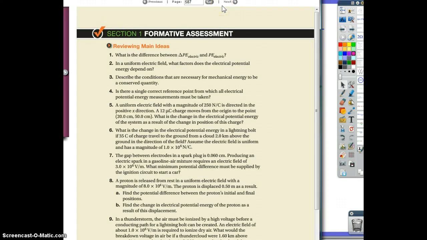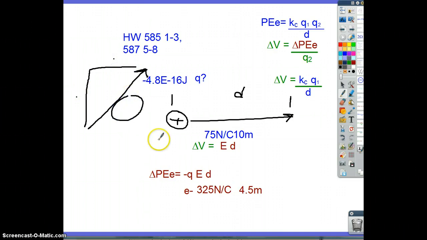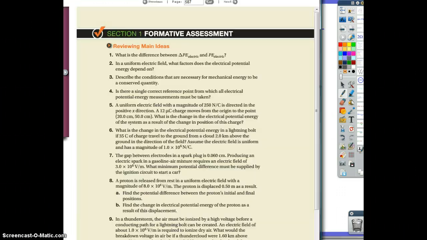So look in here, number 5. A uniform electric field with a magnitude of 250 newtons per coulomb is directed along the positive x-axis. A 12 microcoulomb charge moves from the origin to this point here. So they've got here for you, they got the origin, 0, 0, moving up diagonally to this point. So you're going to have to make a triangle to find how far it really is when you're doing this problem.